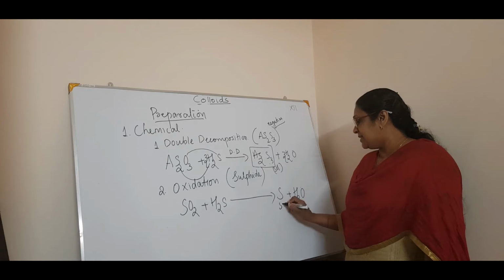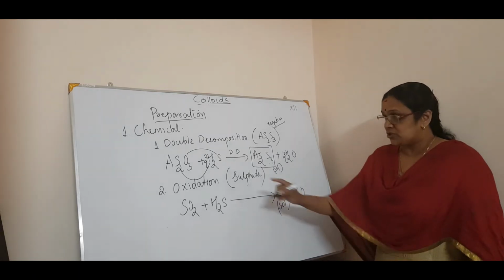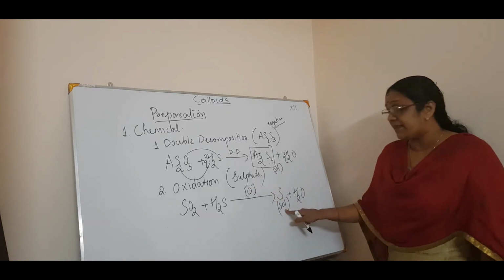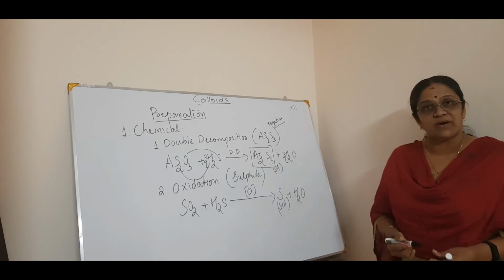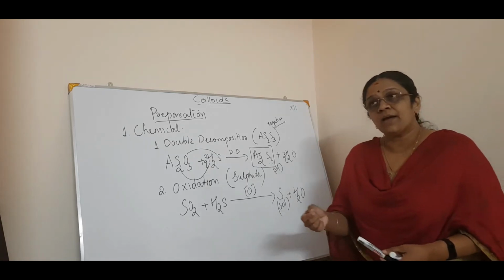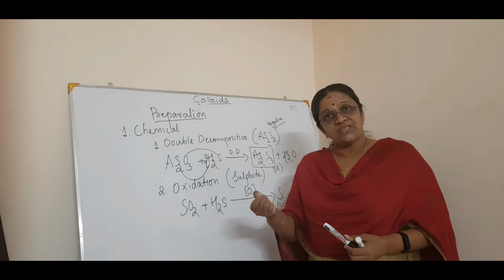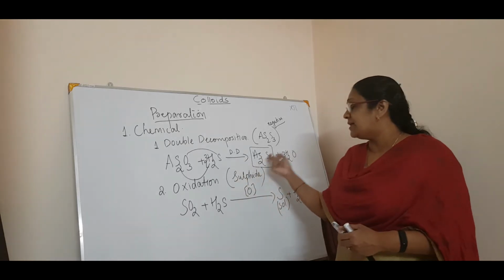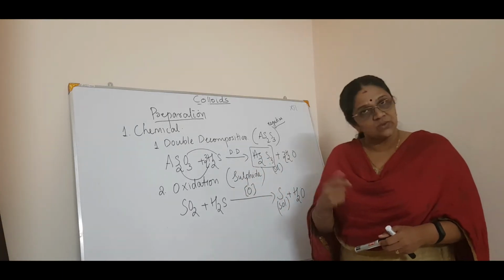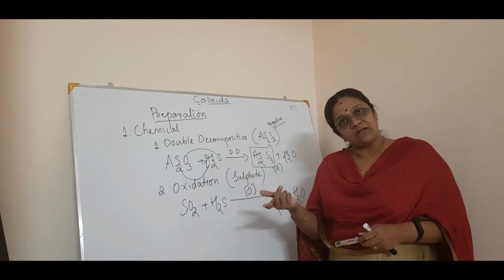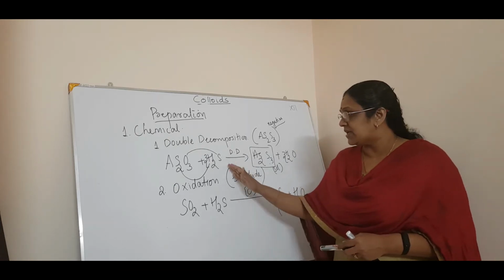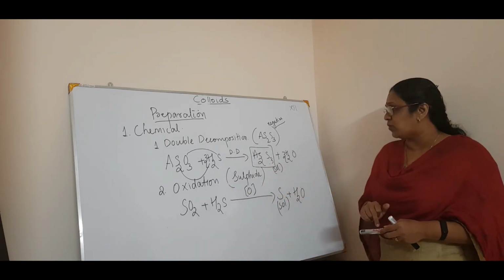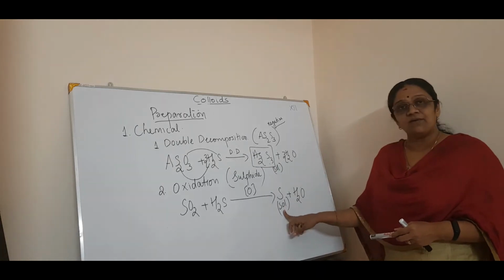So on oxidation of sulfur dioxide plus hydrogen sulfide, you will get the sulfur sol. If a question comes in the board exam, write a chemical method by which you can obtain sulfur sol, or arsenic sulfide sol, or a gold sol, or a silver sol. So these are the 2 chemical methods by which you can obtain arsenic sulfide sol, which is a negative colloid, and a sulfur sol.